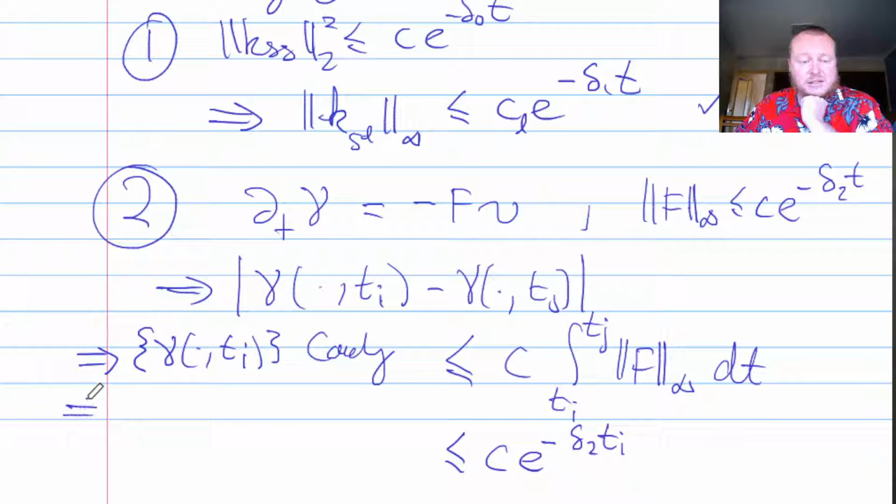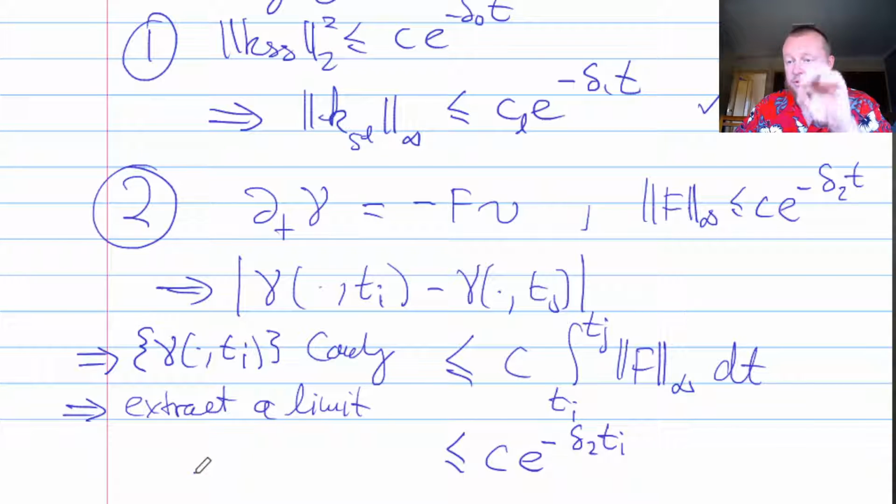That means that there is a convergent subsequence for gamma, and that means we can extract a limit in C0, so we can extract a limit for the position vector itself.